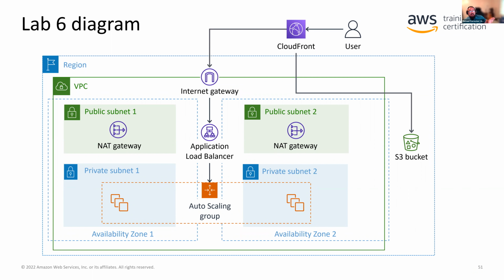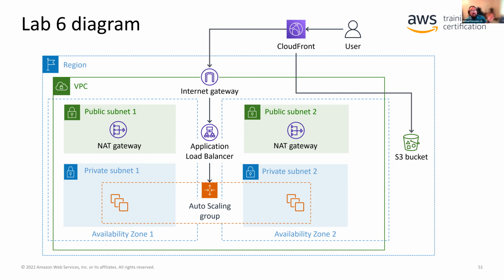And then you're going to add the bucket as an additional source or origin to your CloudFront distribution. And then you're going to secure the bucket with what's called an OAI, which is an origin access identity. This is a thing that CloudFront creates that allows only CloudFront to access the S3 bucket, even though the bucket is public.